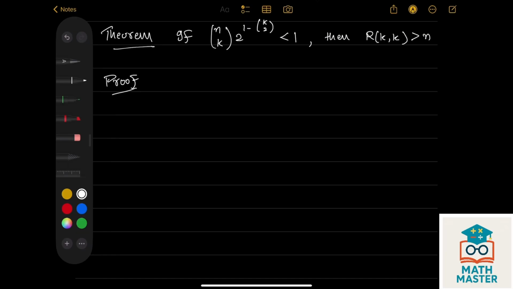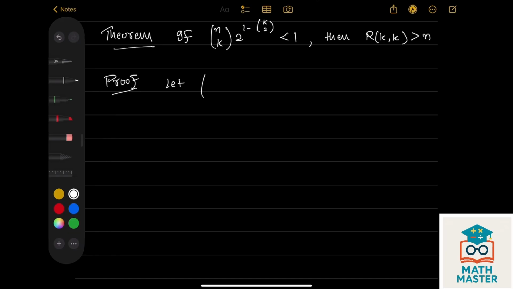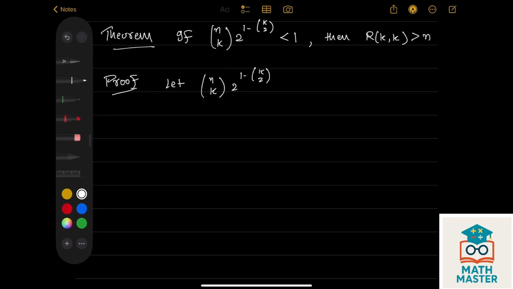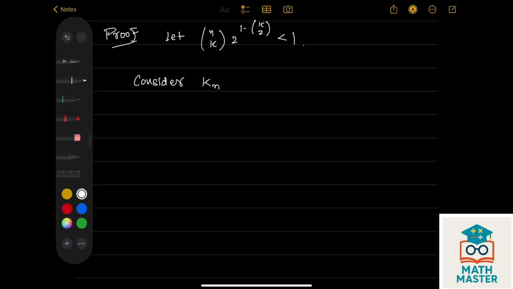First we are assuming that n choose k times 2 to the power 1 minus k choose 2 is less than 1. Now consider Kn, and randomly color the edges of Kn by red and blue.